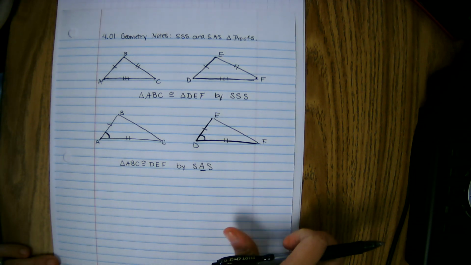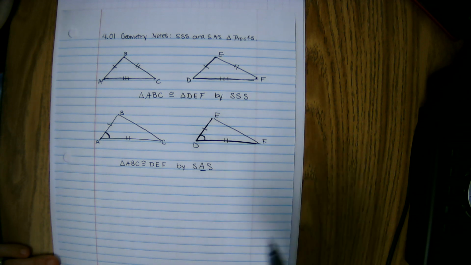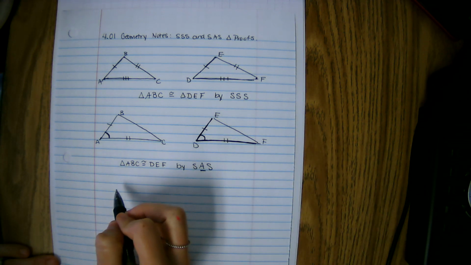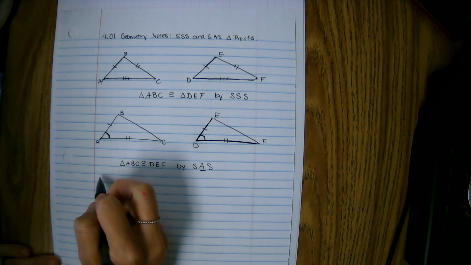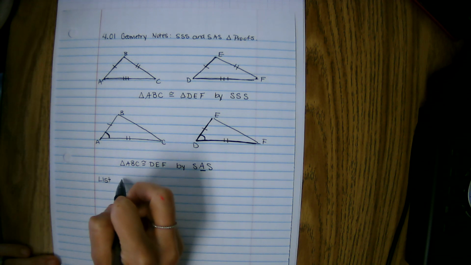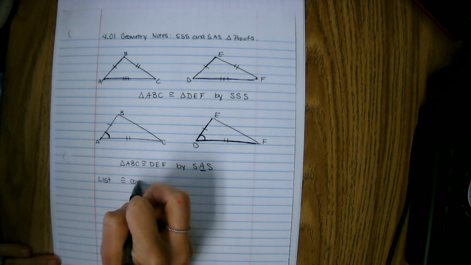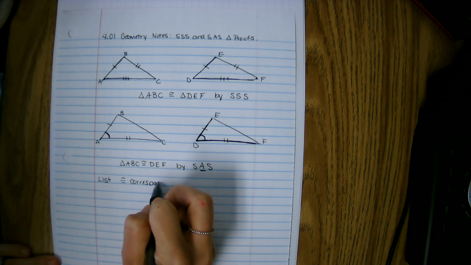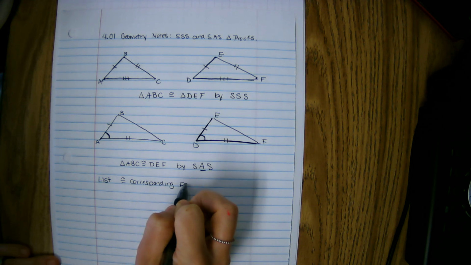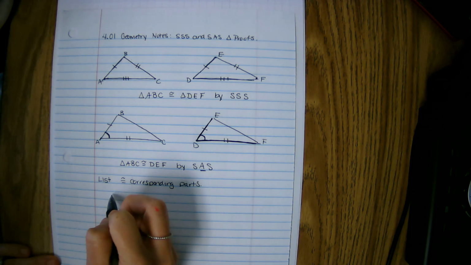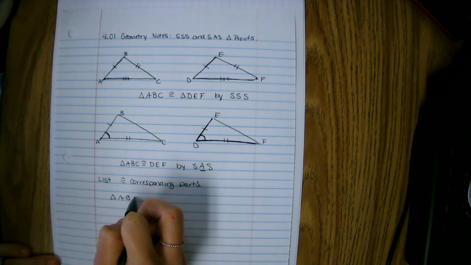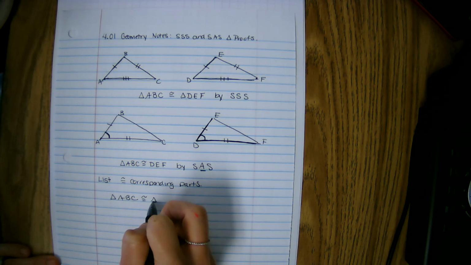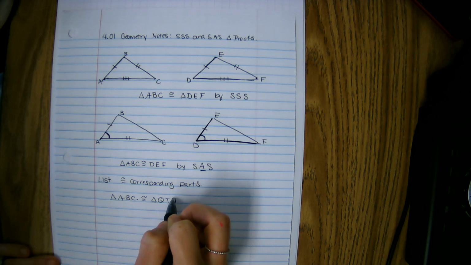And I just want to go over how to write these congruency statements and find our corresponding parts. So list the congruent corresponding parts for triangle ABC, which will be congruent to triangle QTJ.